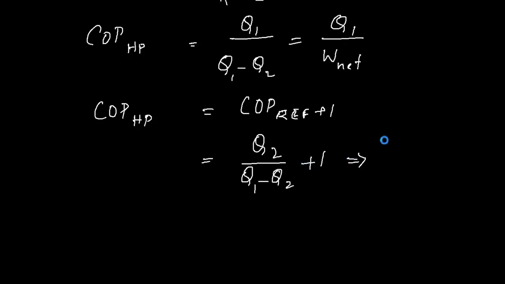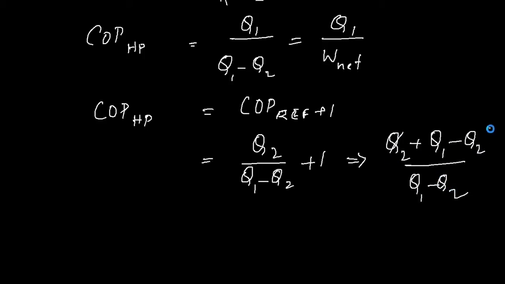Cross multiplying, that will give you Q2 plus Q1 minus Q2 over Q1 minus Q2, and these two will cancel, and you have Q1 over Q1 minus Q2, which is the COP of the heat pump.